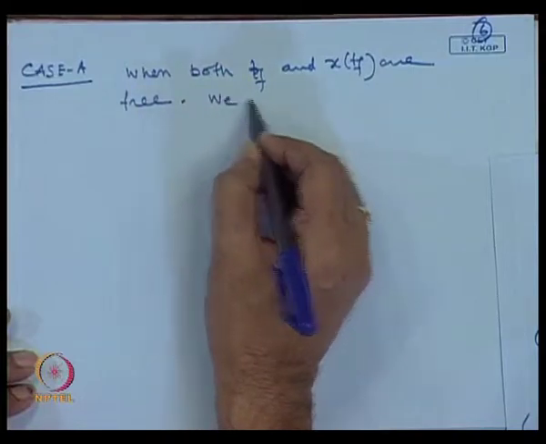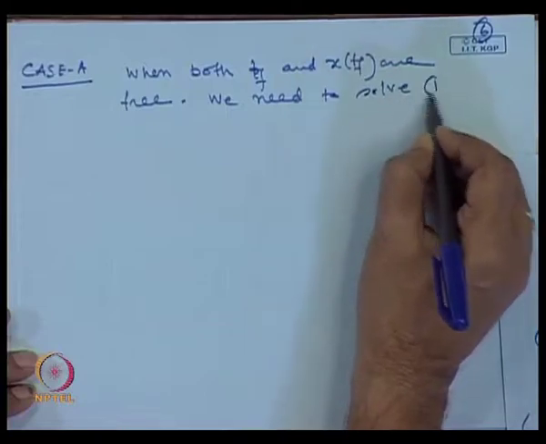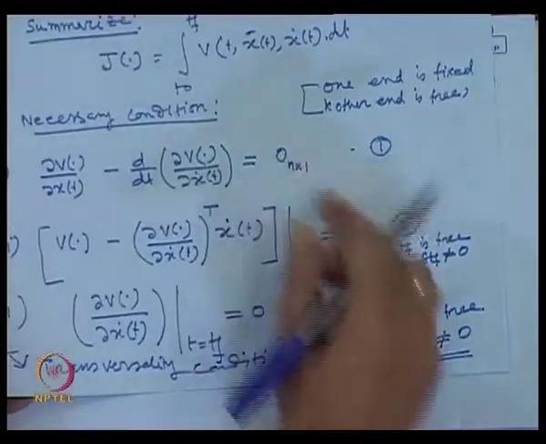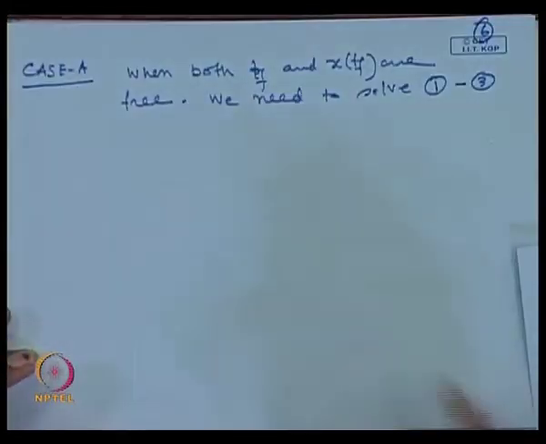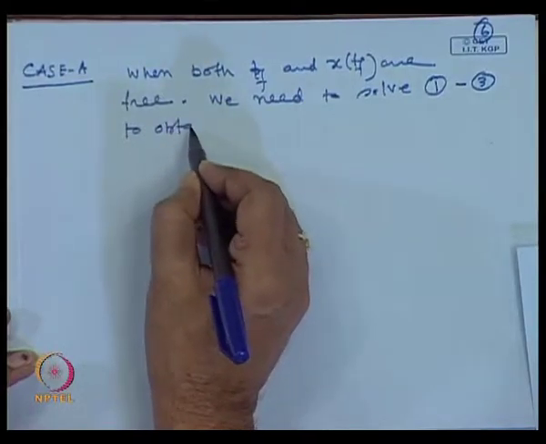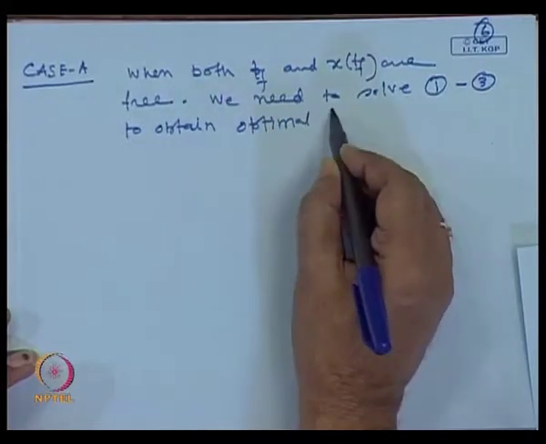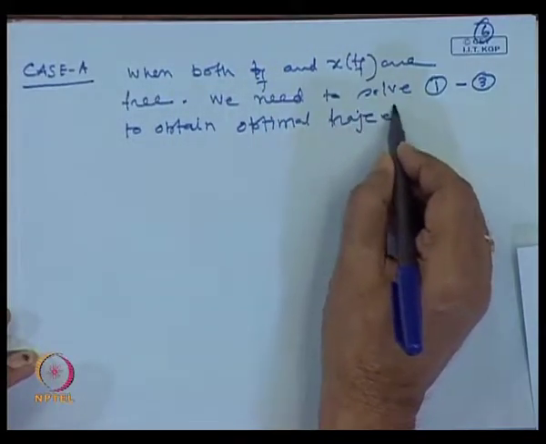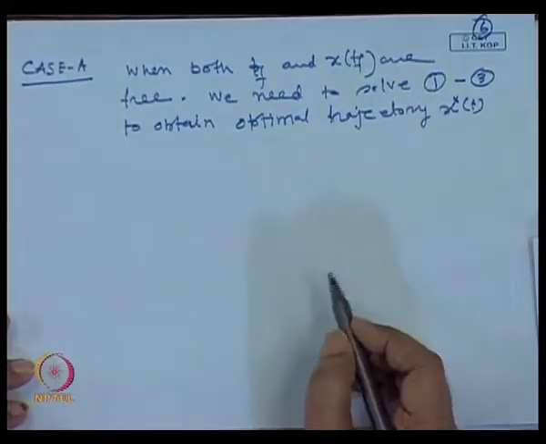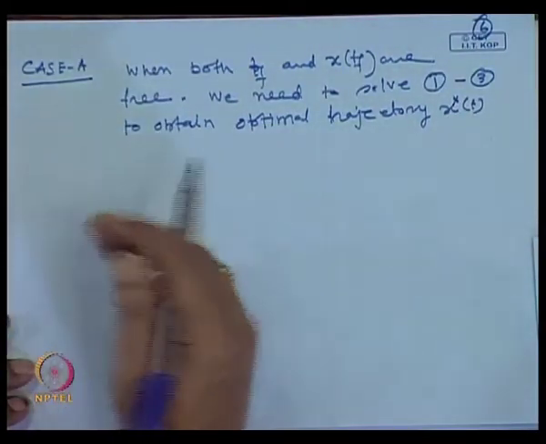We need to solve equations 1 to 3, these three equations. We need to solve equation 1 to obtain the optimal trajectory x star of t, where x is n-dimensional. Both the ends are free.